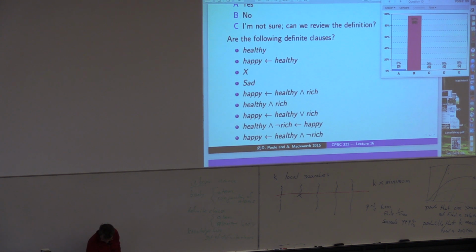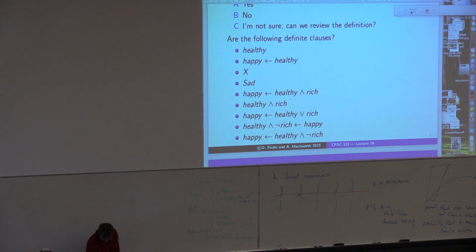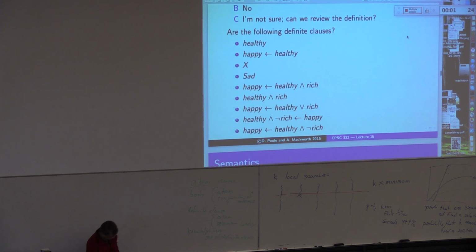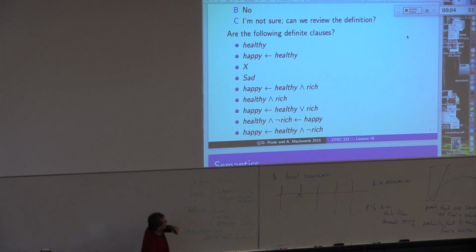And what about this last one, the bottom one here, happy if healthy and not rich? Can we write that?